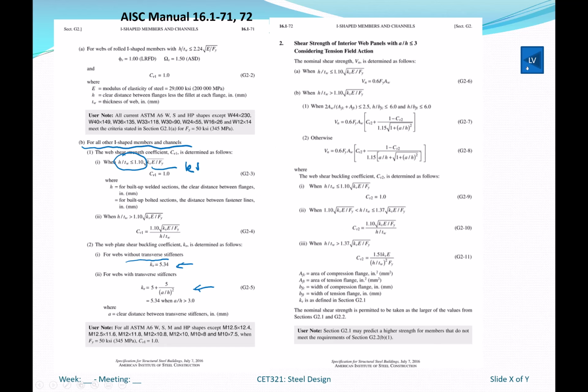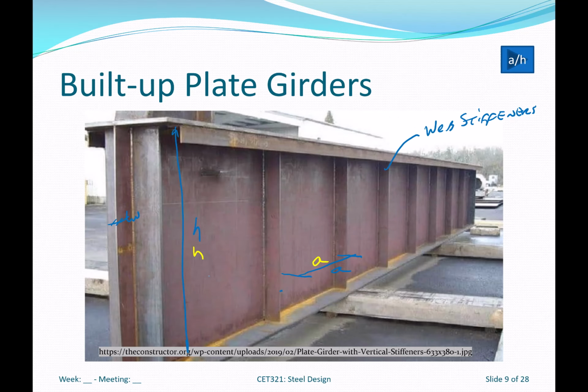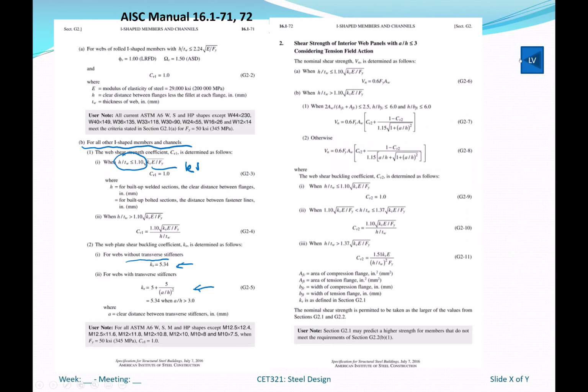So again, we're not going to deal with it, but a over h comes into play when we start calculating C sub V for plate girders, or, you know, notice here, some M shapes. Okay, all right, so again, with the thickness ratio less than 1.1, greater than 1.1.